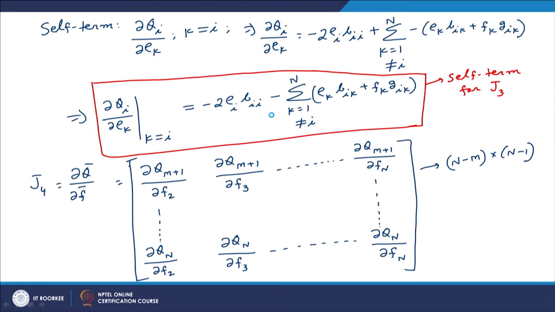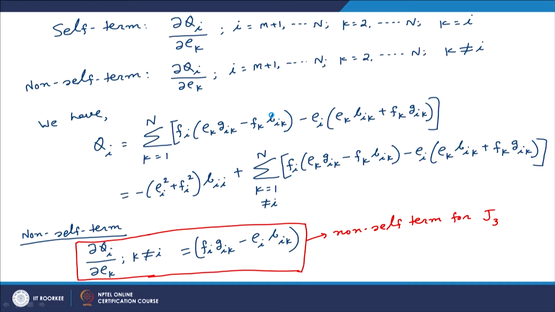If we go to this expression, we are trying to take the partial derivative of this expression Q i with respect to F k, where k is not equal to i.